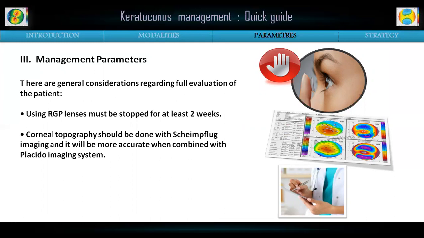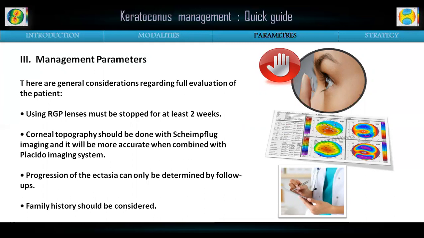Corneal topography should be done with the Scheimpflug image, and it will be more accurate when combined with placido imaging. The progression of the ectasia can only be determined by follow-ups. And last consideration, the family history should be really considered.